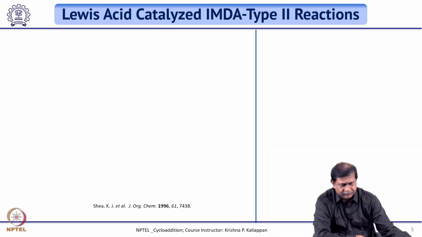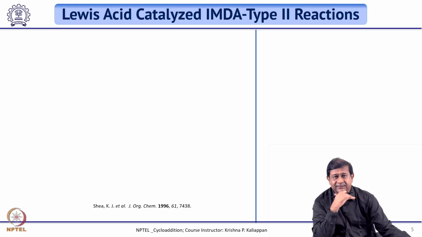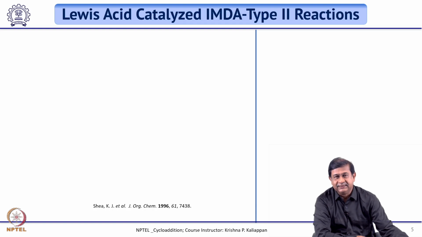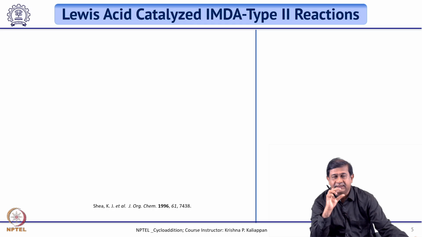Later, to reduce the temperature required for such intramolecular type 2 Diels-Alder reaction, people used Lewis acid. When you use Lewis acid in Diels-Alder reaction, it brings down the energy gap between the HOMO of the diene and LUMO of the dienophile.